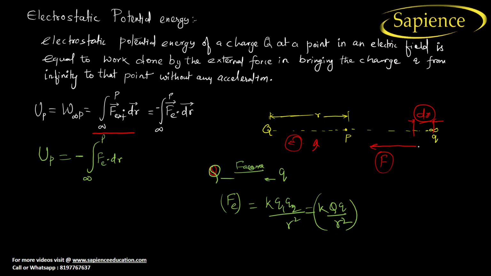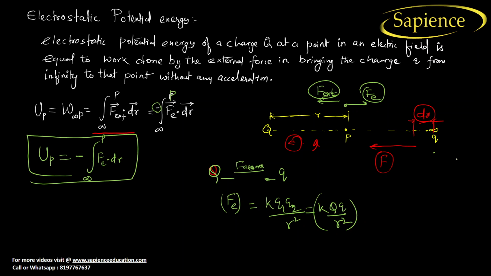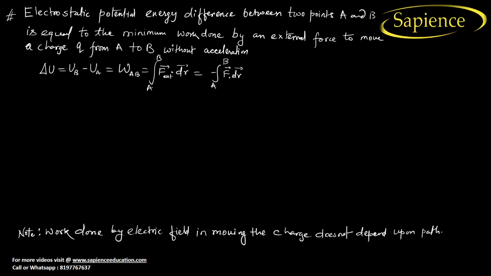See here, if both charges are positive, the electrostatic force will always act in this direction, but the external force is acting in the opposite direction. So in place of the external force, if you put the electrostatic force, we have to put a negative sign here. Finally we have put the negative sign, and so we have got this as the potential energy. I hope you have understood now, right?